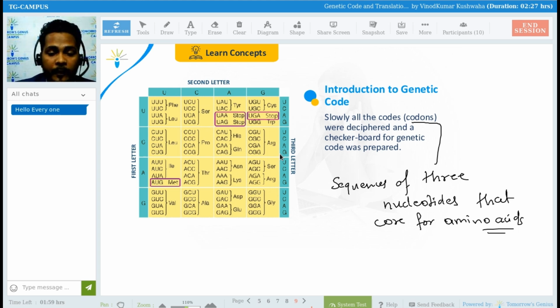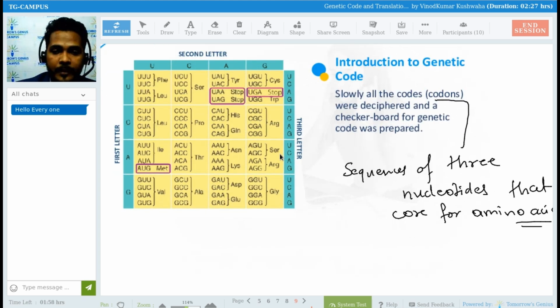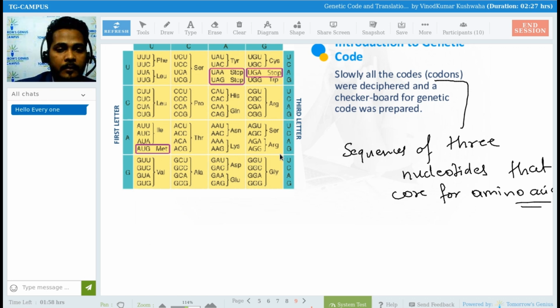So suppose there is an mRNA like here, this is the mRNA strand.